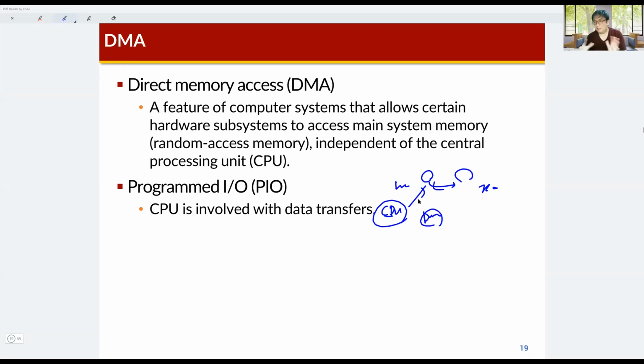And usually, as I mentioned, the interfaces between the CPU and I/O devices support very low data bandwidth. That means the performance is also low. If the data transfer is controlled by the CPU and the CPU's resources are occupied by these data transfers, it is not efficient.